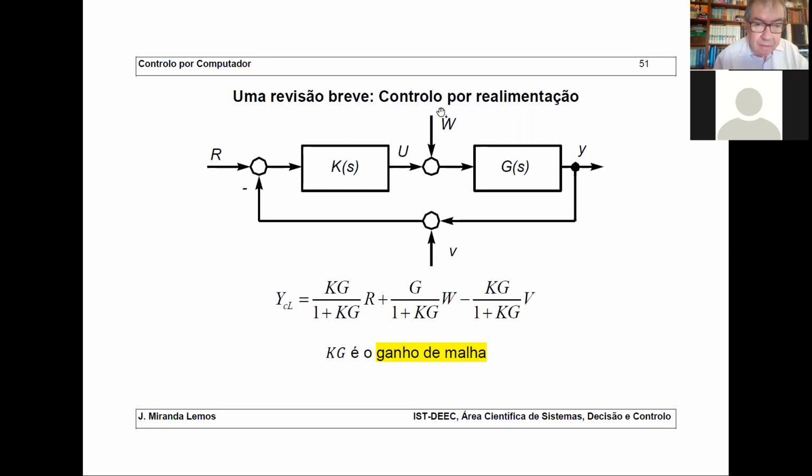But now you have disturbances. You can model disturbances at the input or at the output. I'm modeling in this case the disturbances as an additive signal to the input. For instance, if you have a moving staircase, an escada rolante, and you want the staircase to move at a constant speed.